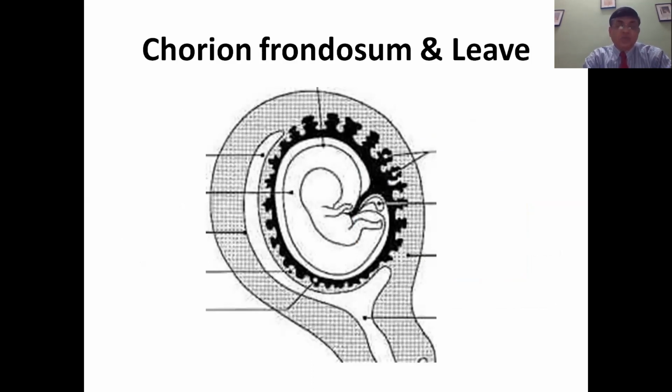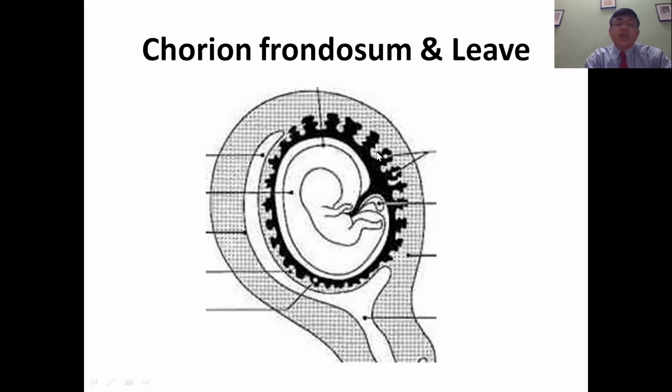Now we have seen the chorion which develops all around. This chorion is surrounded by the trophoblast which develops this villi all around this embryo. Now these villi are at two places. One is at the decidua basalis, and the other one which faces the decidua capsularis.